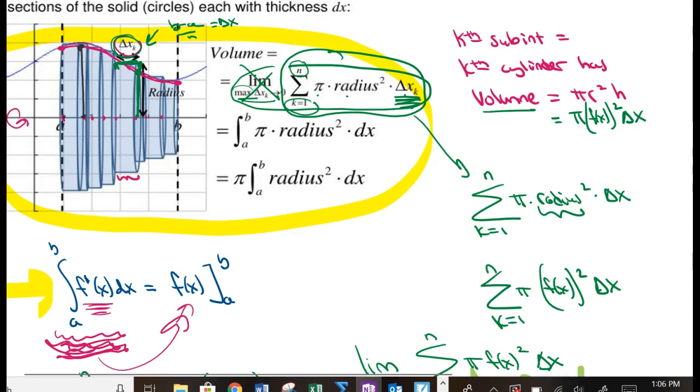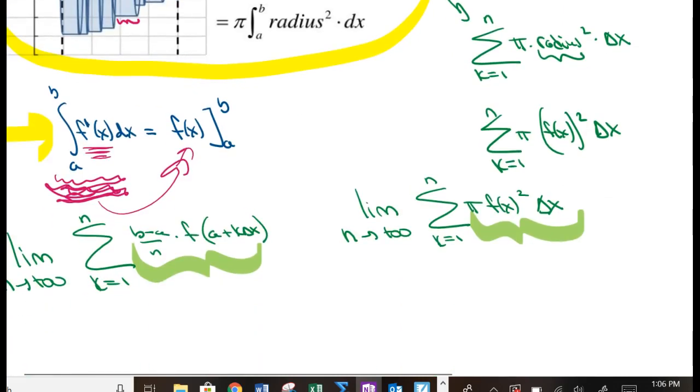Maybe here they used the right endpoint and evaluated there for that radius. So what we can do here is this: this radius squared, I could think of as f of a plus k delta x, all of that squared, times pi, okay?